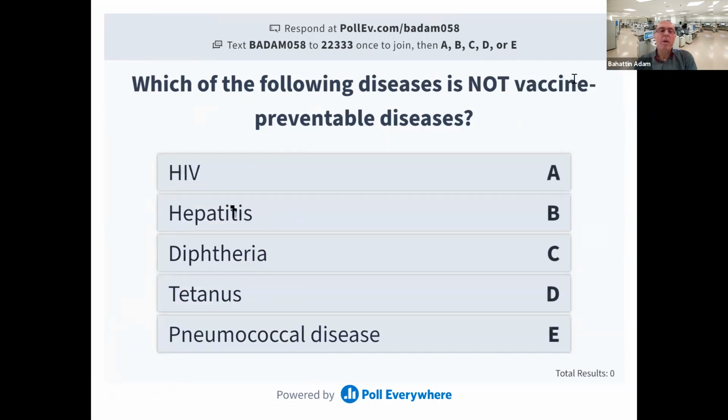Okay, now, which of the following diseases is not a vaccine-preventable disease? HIV, hepatitis, diphtheria, tetanus, pneumococcal disease.